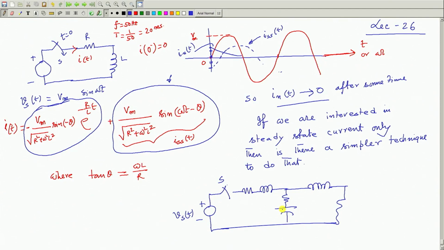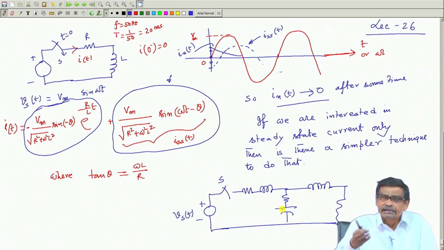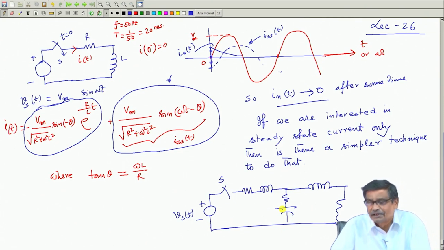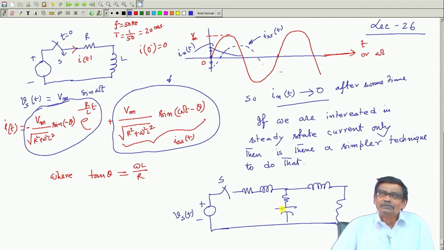But nonetheless, to find out the solution due to forcing function, we have to replace this sinusoidal voltage in terms of e to the power j omega t, e to the power minus j omega t. Even that calculation will become tedious when a complicated circuit like this is to be solved, even for steady state alone. That is what I want to say.